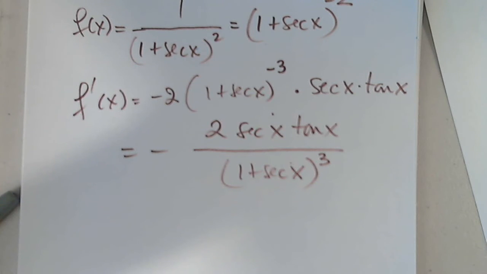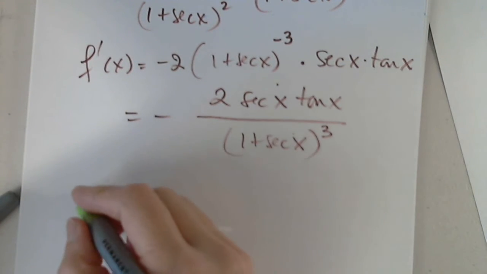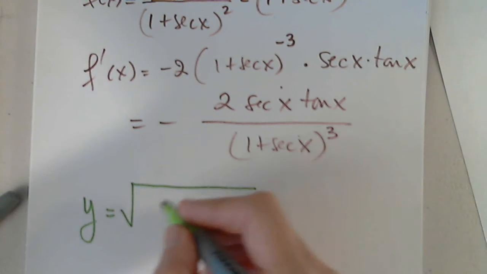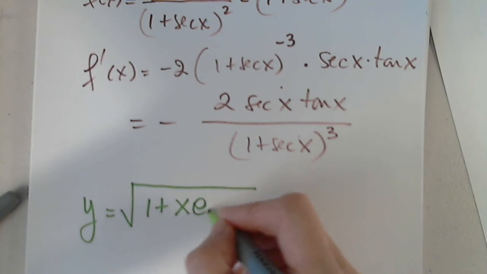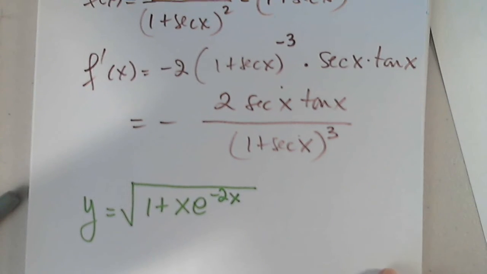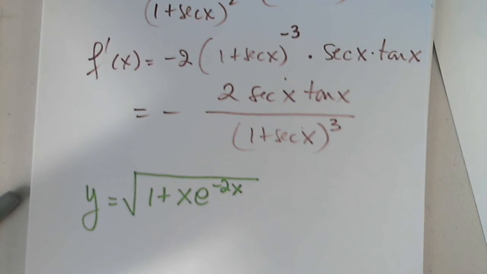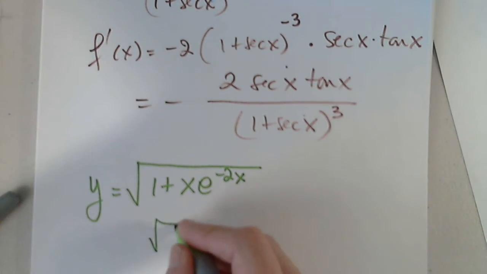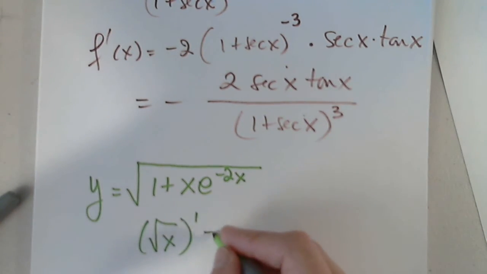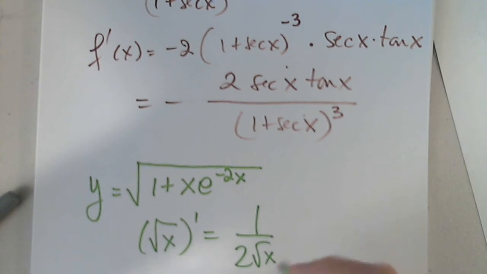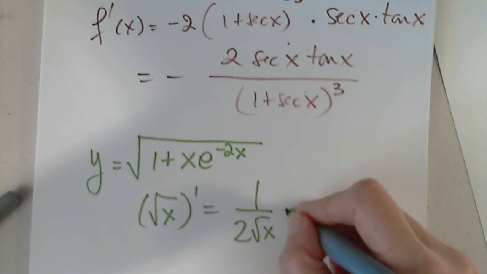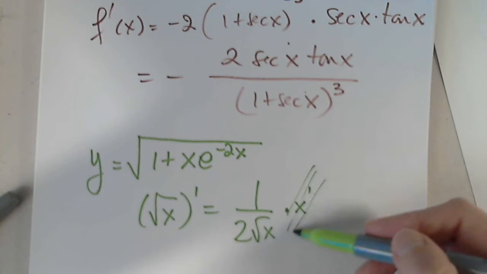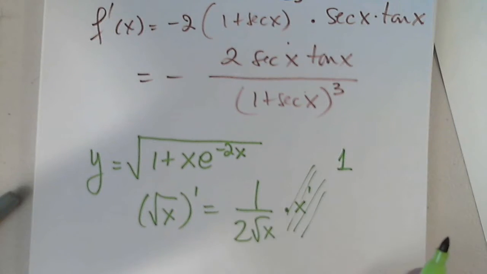No. Okay, I would like to look at something with the square root now. Let's say the square root of 1 plus x e to negative 2x. I have to refresh my memory on the fact that the derivative of the square root of x is 1 over 2 the square root of x, and what I should have written, and I didn't, is this, times the inner function prime, but there was no need, because it's 1.